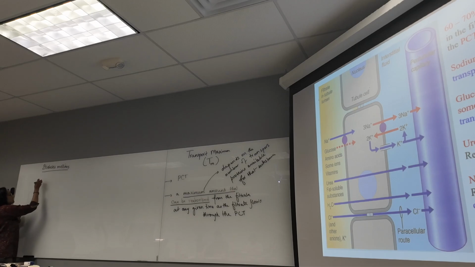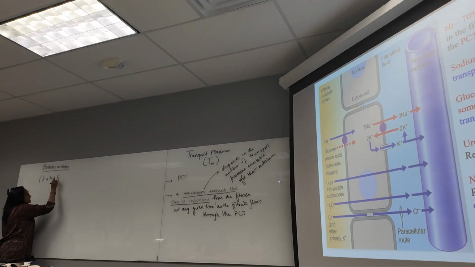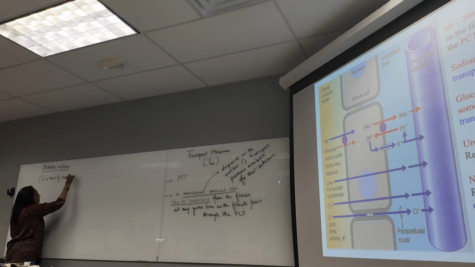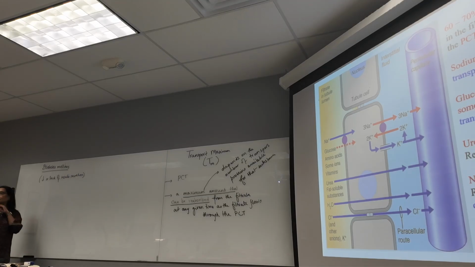What is this condition? Diabetes mellitus is usually decreased or lack of insulin secretion, or it could be the resistance to insulin, whatever, but basically it's insulin that is the main culprit.